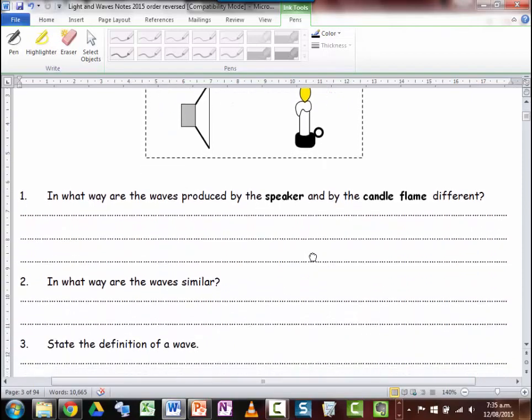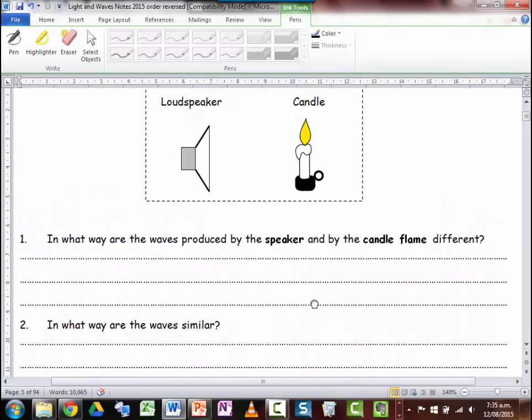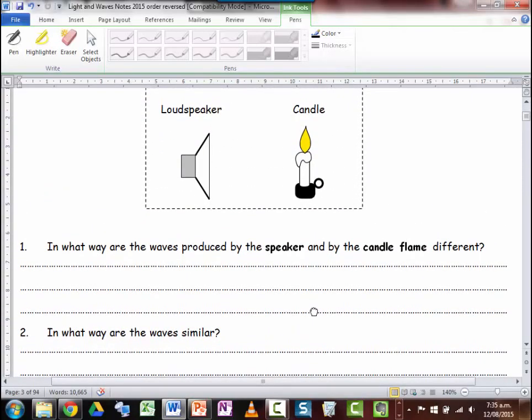asks us what the difference is between the sound wave produced by a loudspeaker and the light wave produced by a candle.